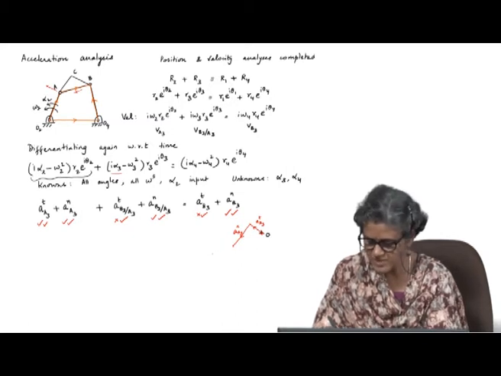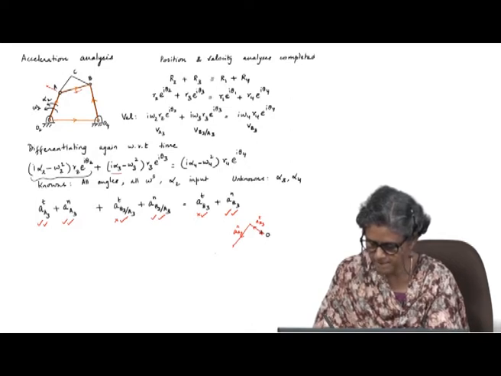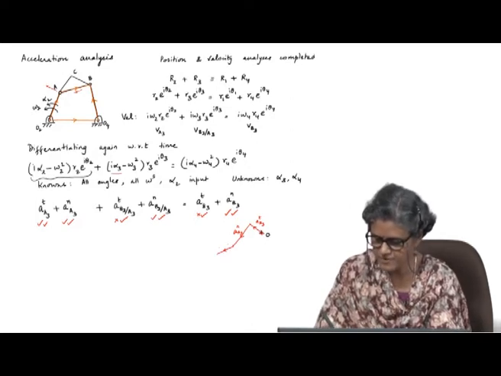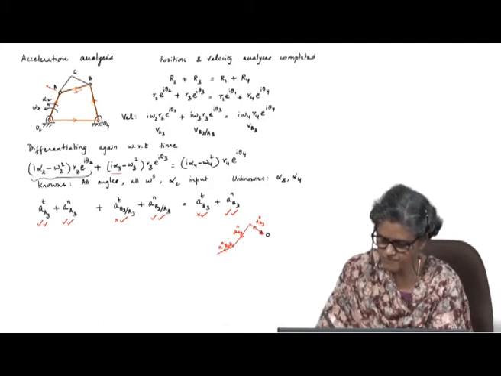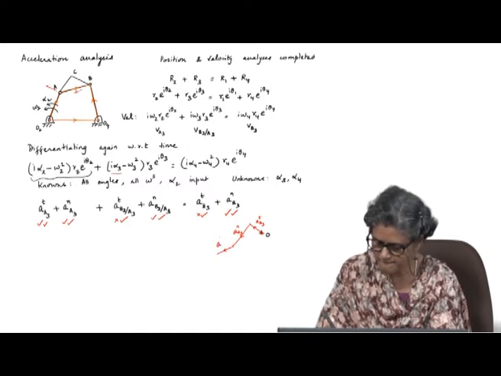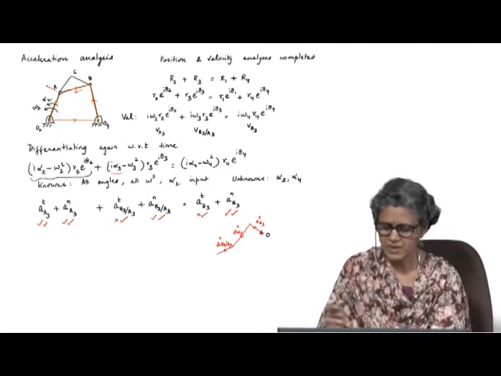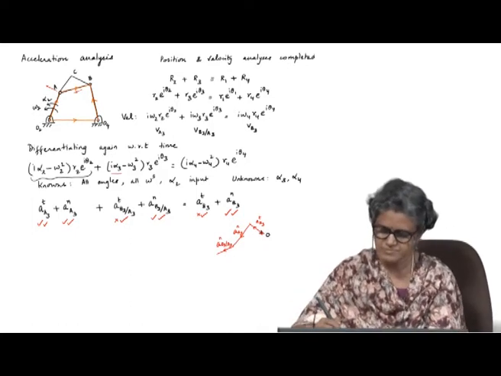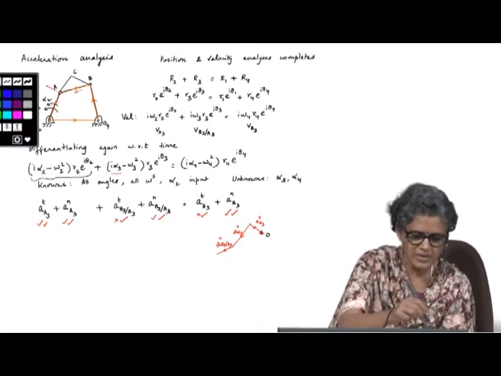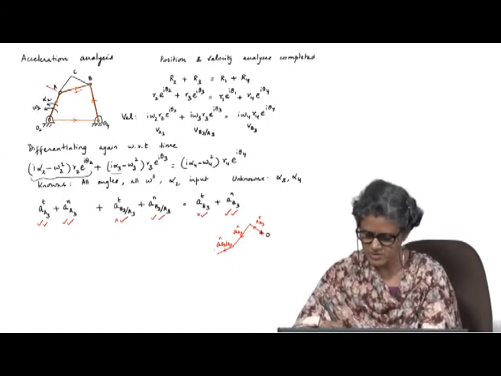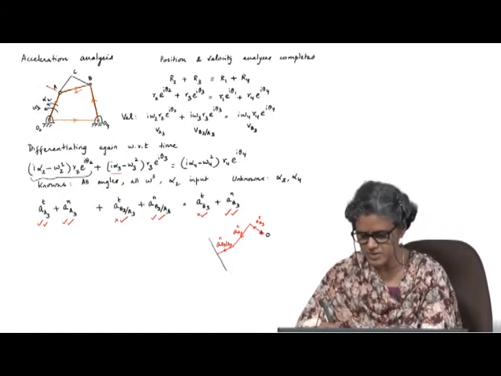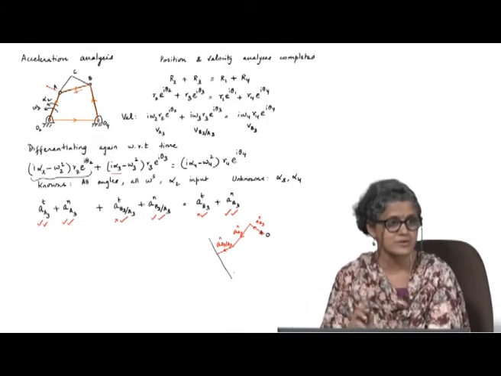So, I will say that this is the normal component of B3 relative to A3. Okay. This one I only know the direction. So, it is perpendicular to this, the tangential component is perpendicular to this, but I do not know its magnitude.